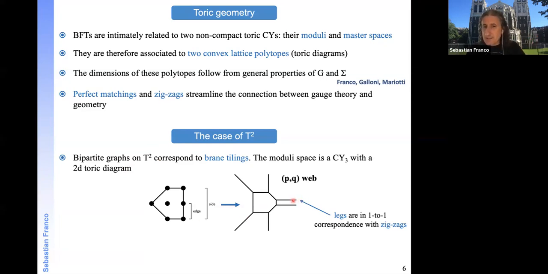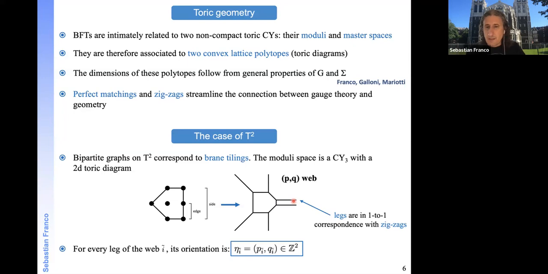And these legs are in one-to-one correspondence with the zigzag paths, meaning that the orientation of the leg, that I will denote as eta i tilde, so I will use tilde variables to indicate edges of toric diagrams or legs of the PQ webs or zigzags, and I will use variables without tildes to indicate faces of the brane tiling. The orientation of these lines is given by a two-dimensional vector with integer coefficients. Those coefficients are literally the winding numbers of the corresponding zigzag paths.